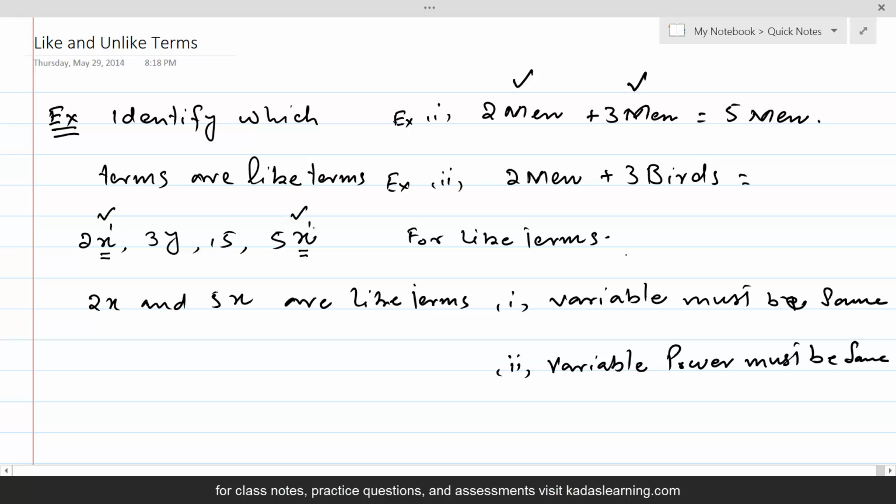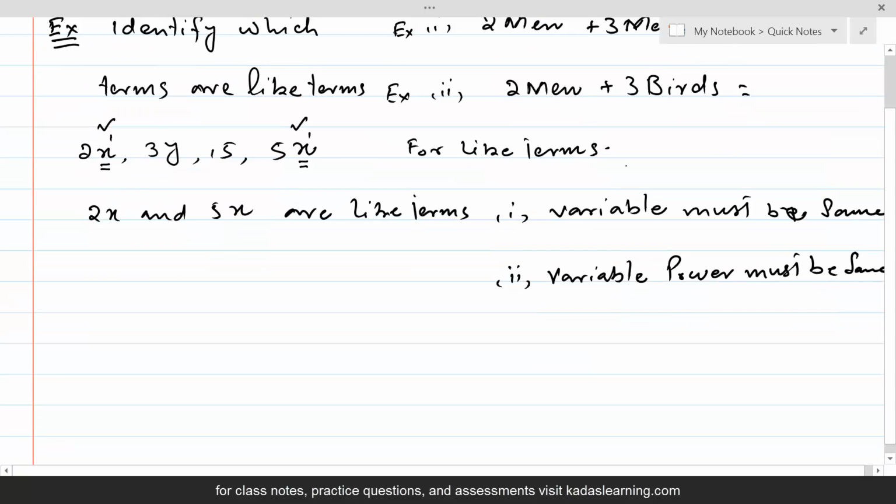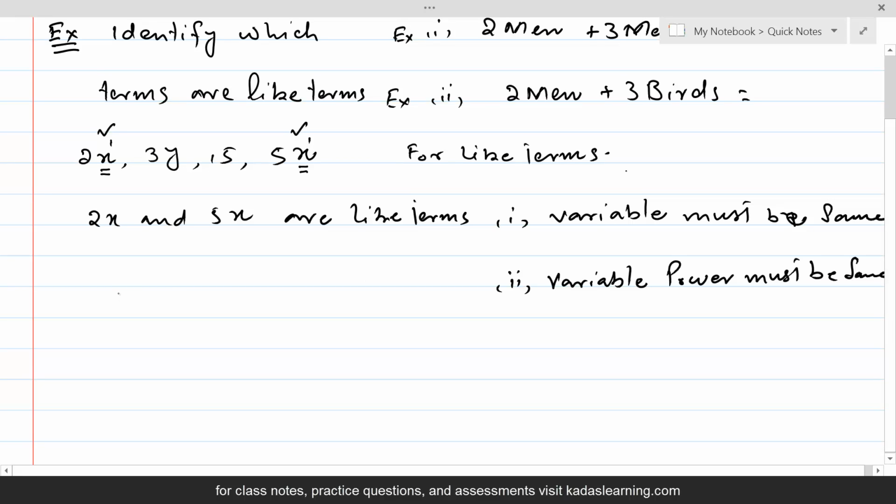So the exponent is same as well as the variable same. So if both variable and the exponent are same, then the terms are like terms. And which one are unlike terms? So unlike terms are 3y, 5, and 5x are unlike terms.